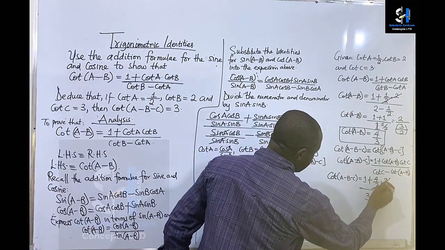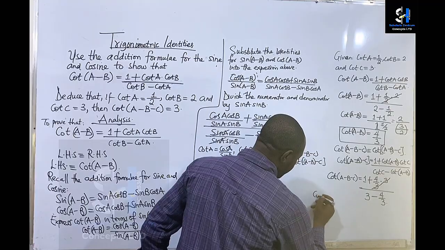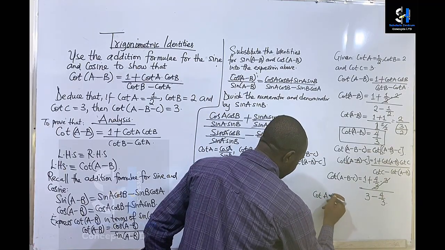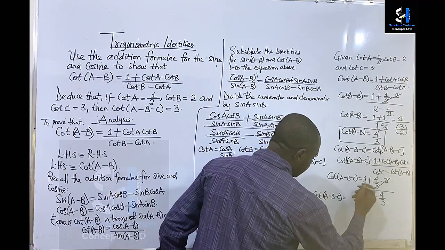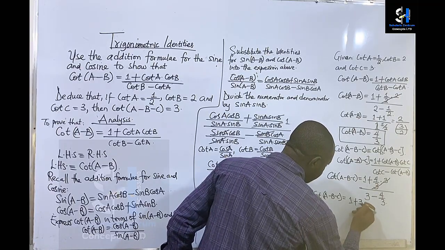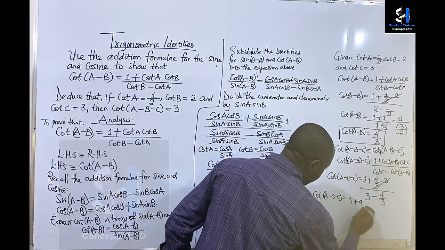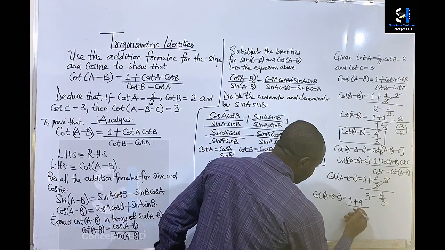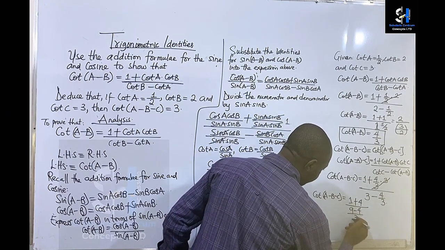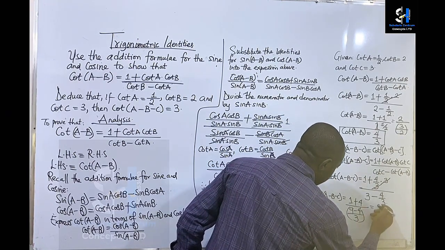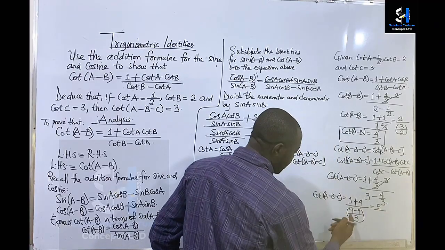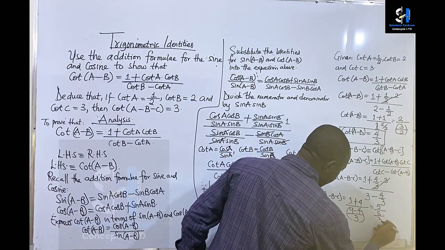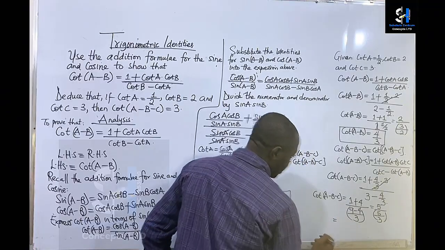So this will cancel this, then we'll be left with cot(A minus B minus C) equals 1 plus 4 over 3 times 3, that will be 9. So we have 9 minus 4 over 3. This is 5 over 3, since 9 minus 4 is 5.